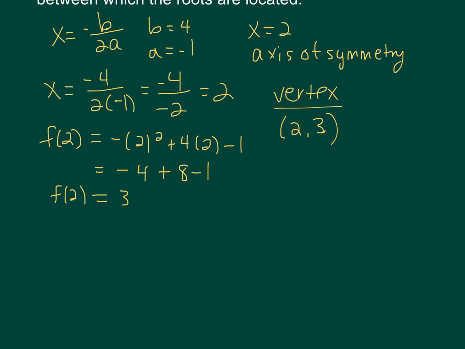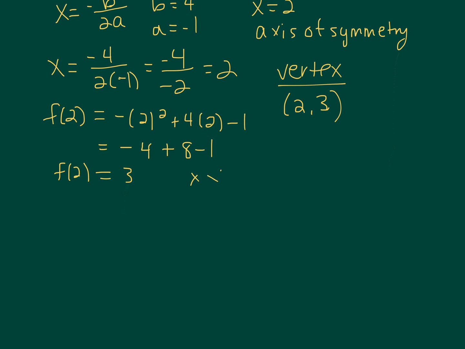So in our table we're going to do 2 above, 2 below our vertex because that's the center of our parabola. So we're going to do 1, 0, and 3, 4. So f of 0, remember, is just our c value. So that's negative 1.